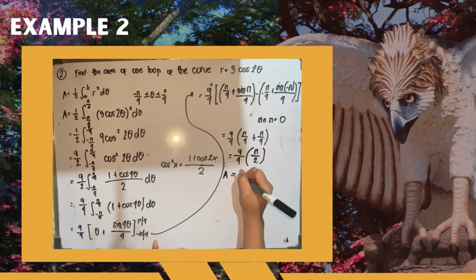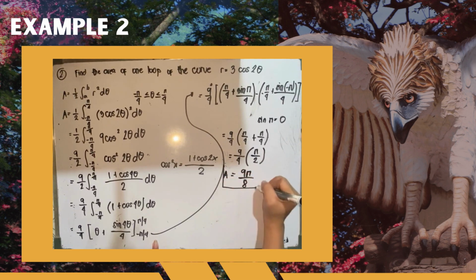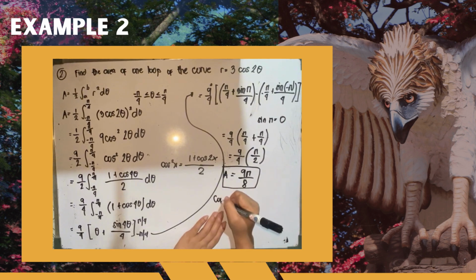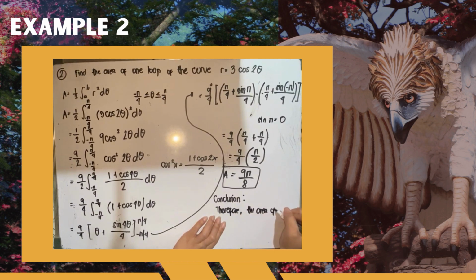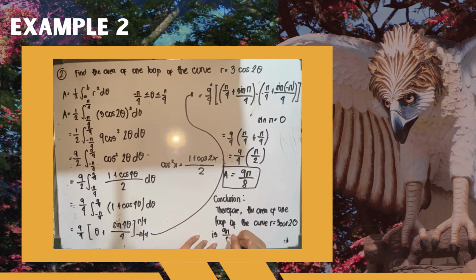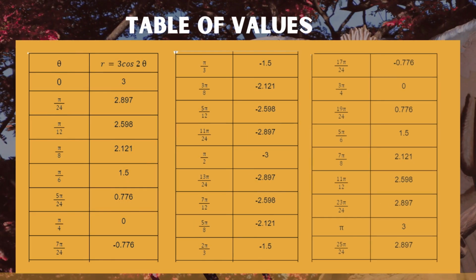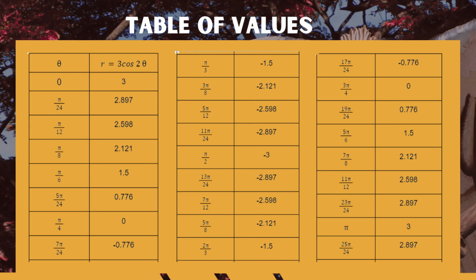So our final answer is 9 pi all over 8. For our conclusion, therefore, the area of one lobe of the curve r equals 3 cosine 2 theta is 9 pi over 8 square units.